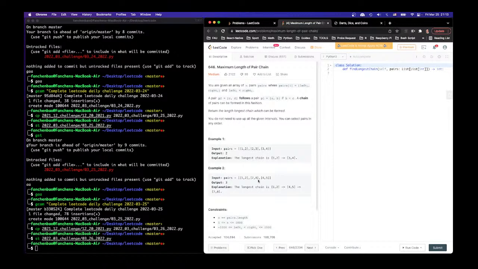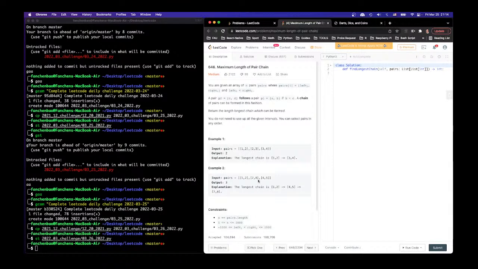If it's based on the right, we know the first one has the smallest right. We don't really care what the left is, because the smallest right has the capacity to include more on the right hand side. Let's say we select this one, and then we keep looking at the second one.